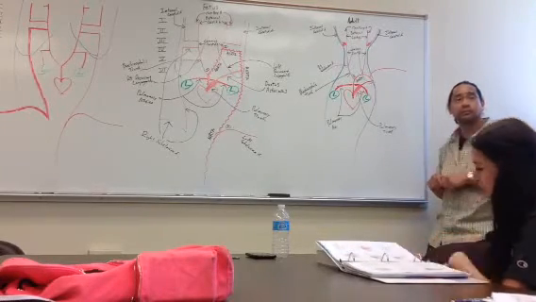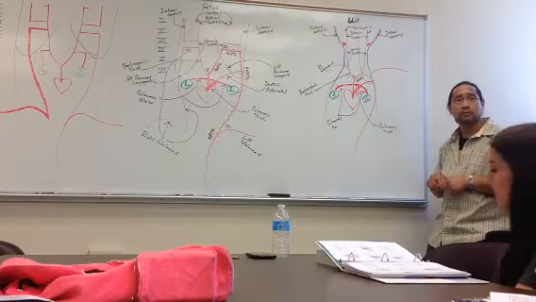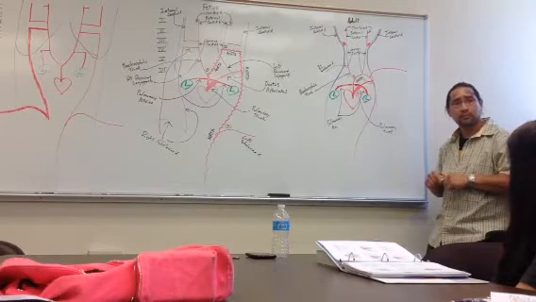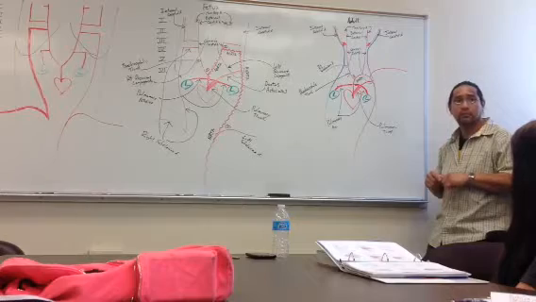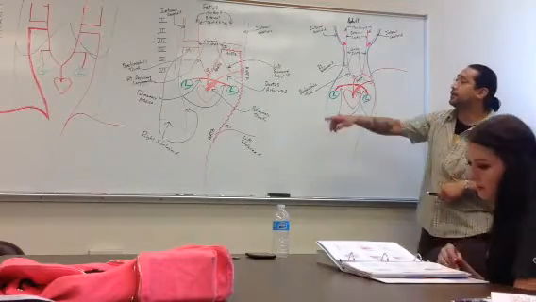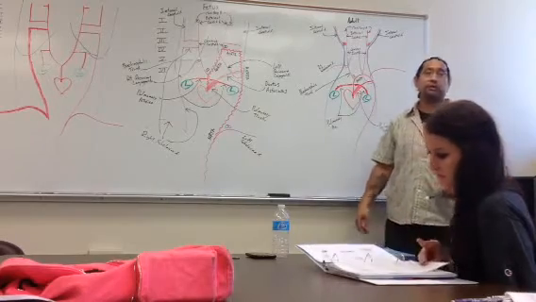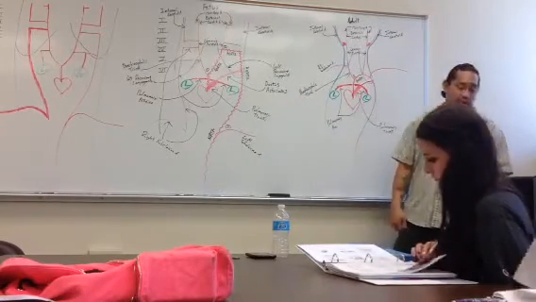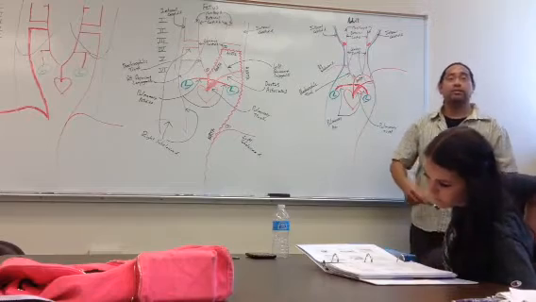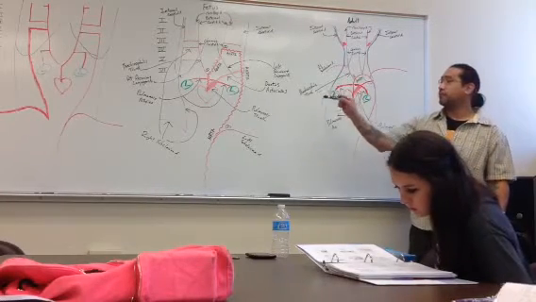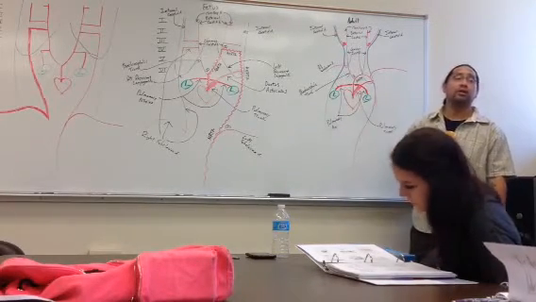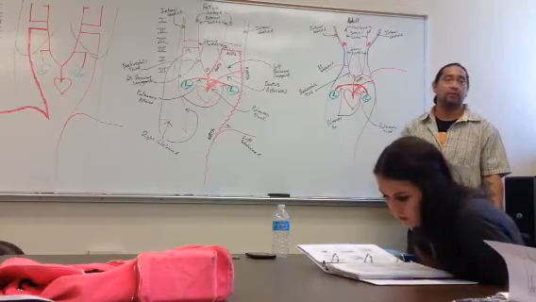I have a question. You can answer it later if you want. But why is the ductus arteriosus still patent in the fetus? Because the fetus is not breathing air, right? So for lecture 7, we're going to talk about this. The fetus is not breathing air, so it's getting all of its oxygen not from the lungs but from the placenta, from the mother.